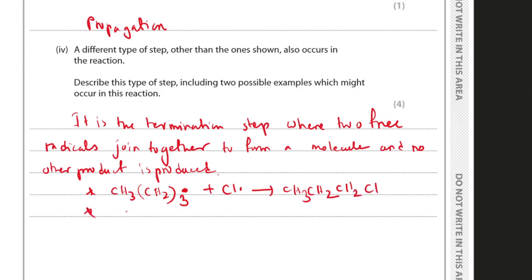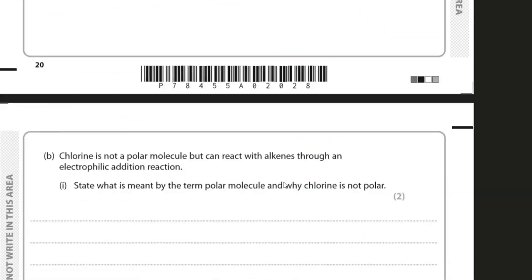And if there are any other two free radicals present, we can say this one, two chlorine radicals reacting to produce chlorine. So these are the two possible equations that might happen in the termination step. There are others as well, but these are the two possible examples that I've given in this answer.